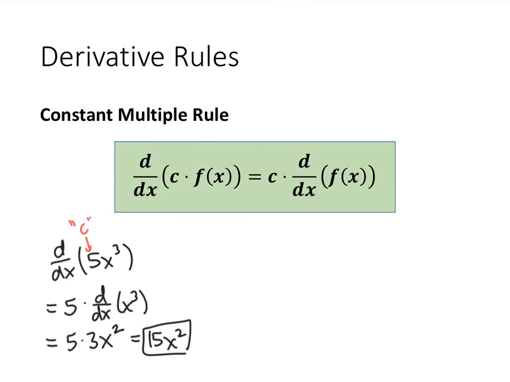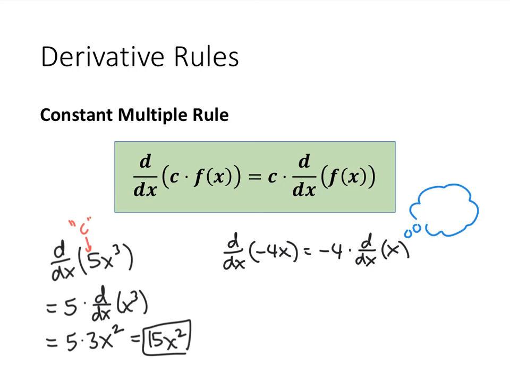Let's do another example. Let's say we had the derivative of negative 4x. Well, negative 4 is my constant here, so that's just going to be negative 4 times the derivative of x. But what's the derivative of just x? Well, we have a power rule, so if we can think of just x as being x to a power, well, we can do that just by thinking of x as being x to the first power.